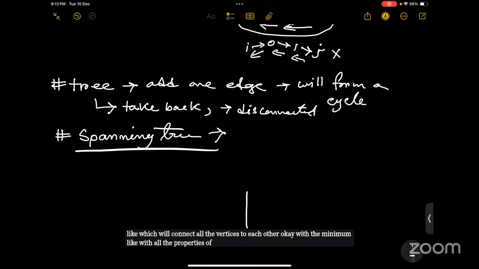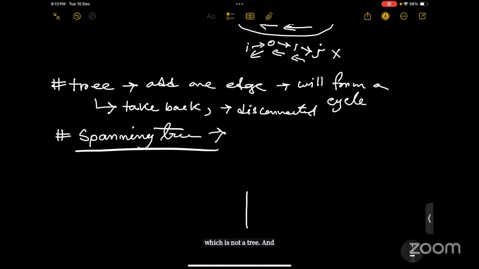If we just take back one edge, then it will be disconnected, which is not a tree. And if we add one edge, then it will form a cycle. So a spanning tree is a tree that connects all the vertices.